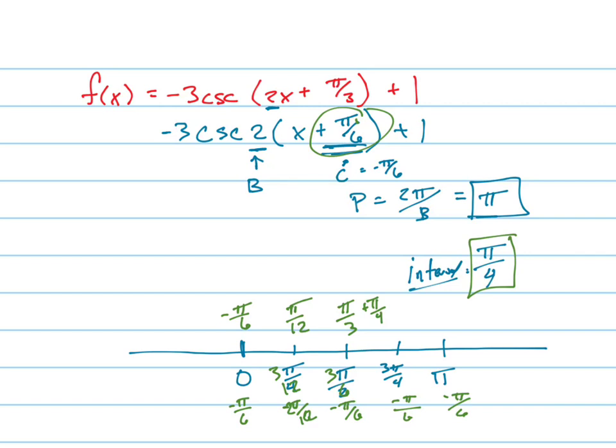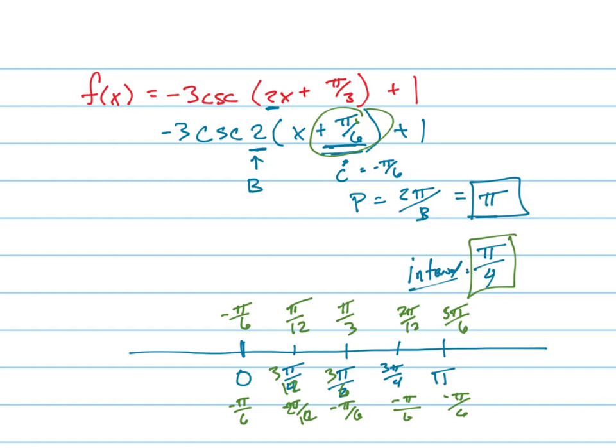So that's 4 plus 3, so that's 7 pi over 12. And then add pi over 4 again. Pi over 4 plus 7 pi over 12 is 10 pi over 12, which is 5 pi over 6.